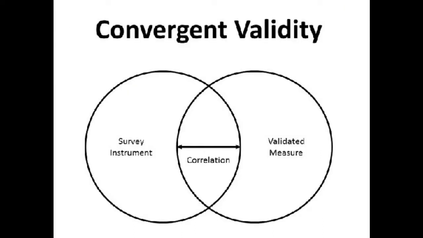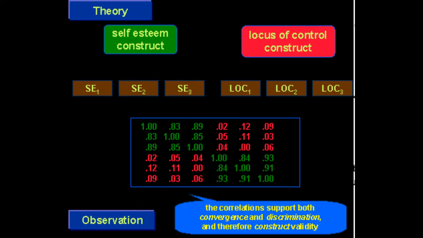In convergent validity, for example in research studies, you expect measures of related constructs to correlate with one another. If you have two related scales or measurements, people who score highly on one scale tend to score highly on the other scale as well.